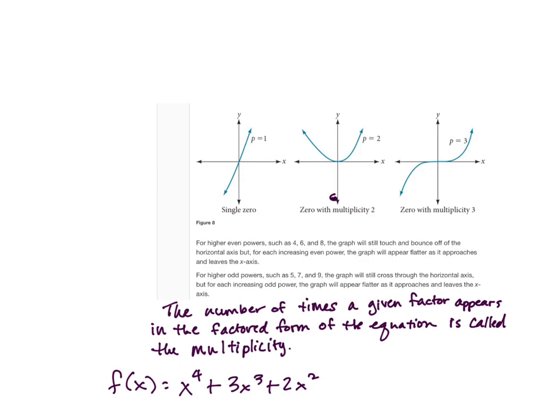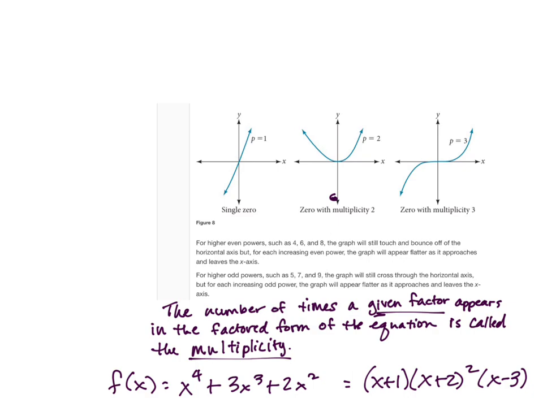Factored form is going to have x plus 1 times x plus 2 squared times x minus 3, whatever. That's factored form, where you can see the individual factors and you can tell what the zeros are. Do we understand the difference? So the number of times a given factor appears in the factored form of the equation is called its multiplicity.